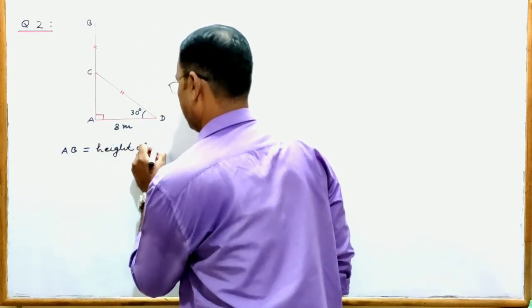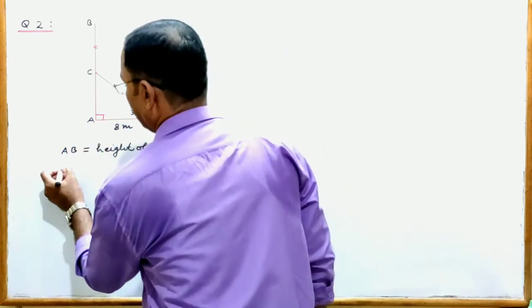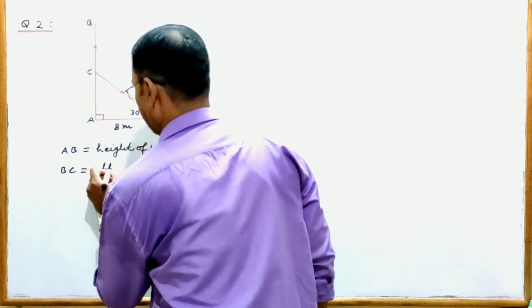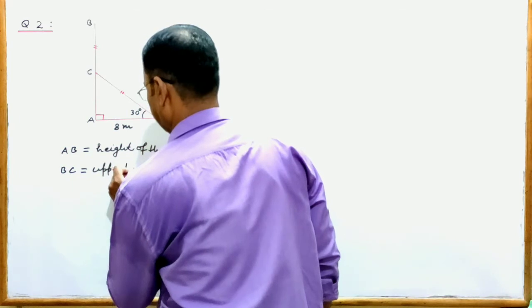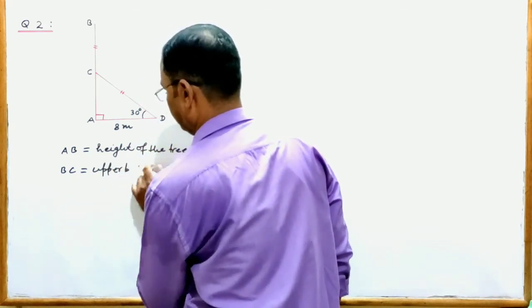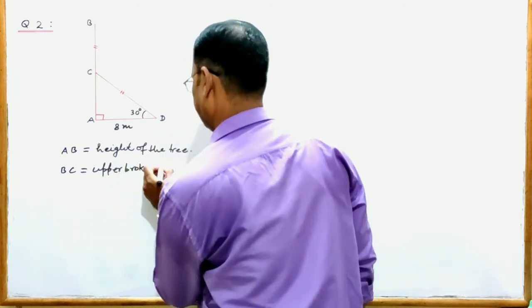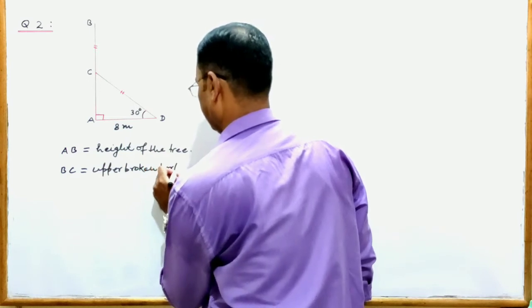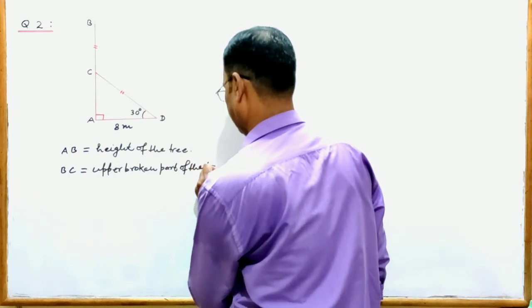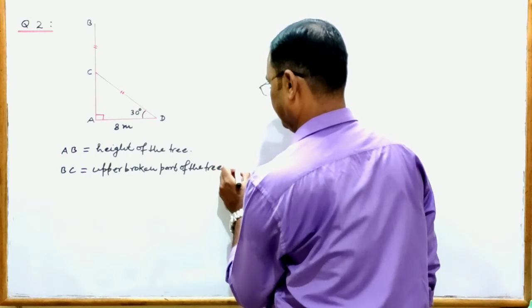BC is the upper broken portion of the tree, which is equal to CD.